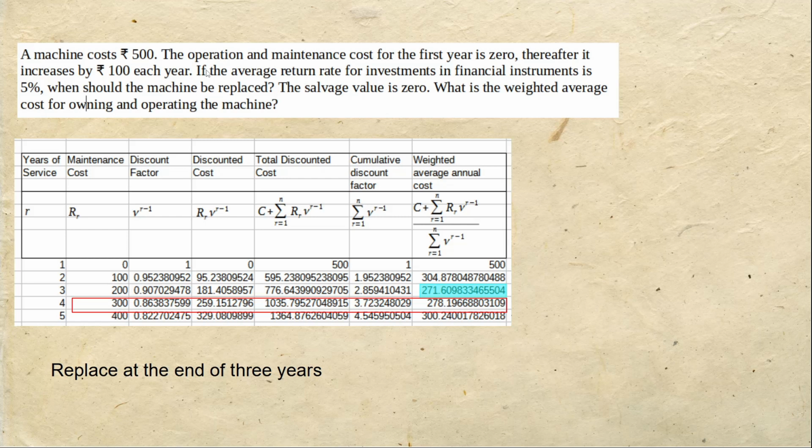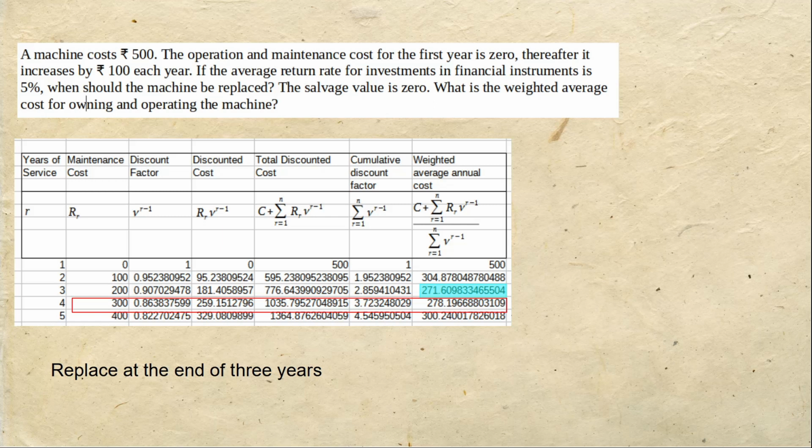Now, as you can see here, the maintenance cost rises each year. The second column is that of the maintenance cost. The maintenance cost in the first year is 0, in the second year it is 100, third year it is 200, and so on. Now, let's calculate the discount factor for each year, that is nothing but nu raised to r minus 1.